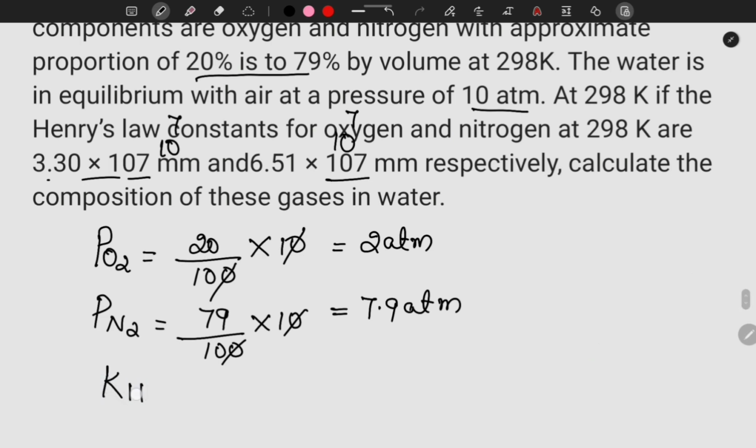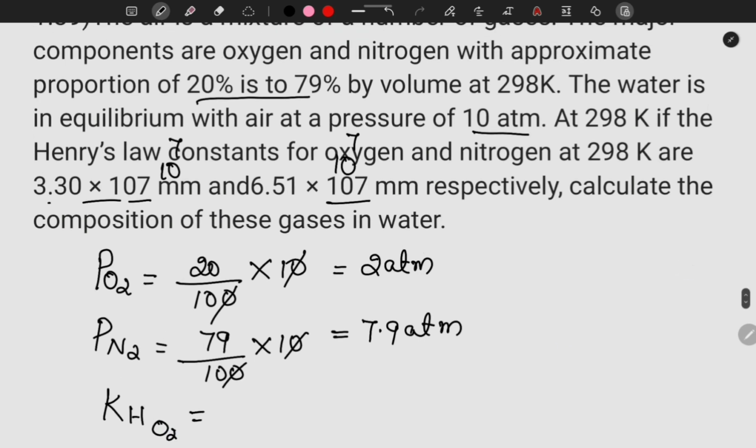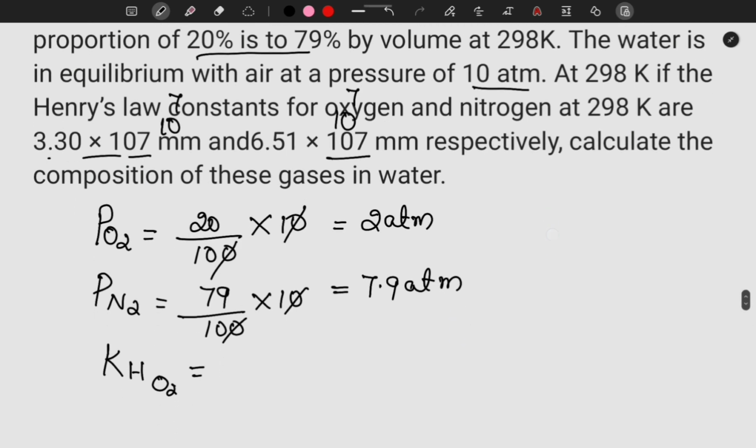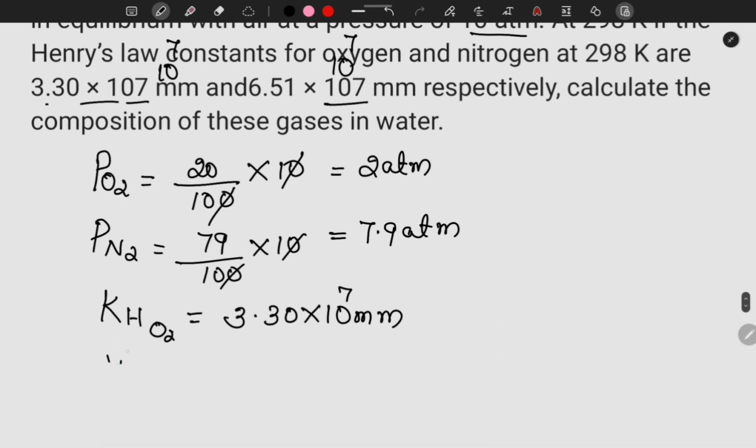Now let us write the Henry's constant for each case. KH of oxygen is equal to 3.30 into 10 raised to 7, the unit is millimeter, and KH of nitrogen is equal to 6.51 into 10 raised to 7 millimeter.